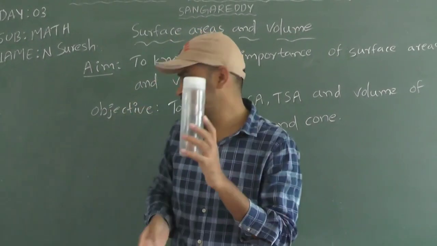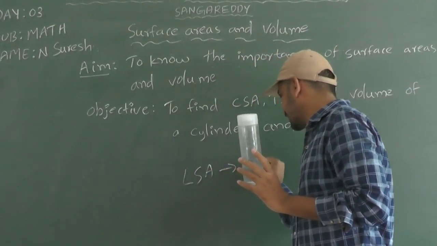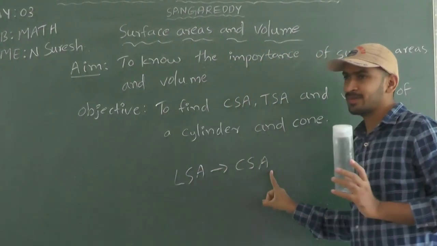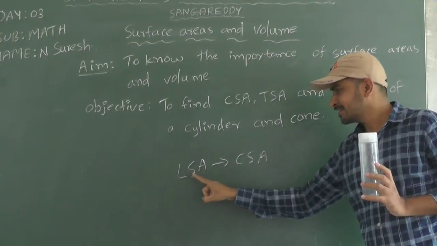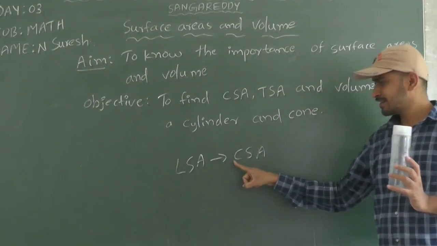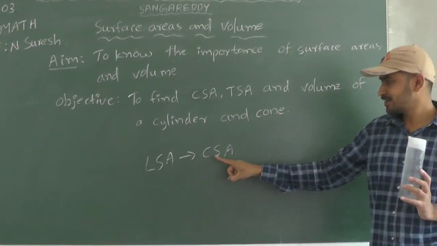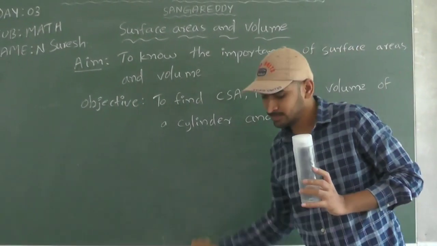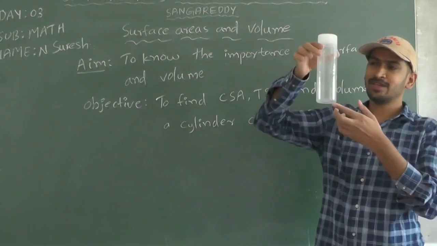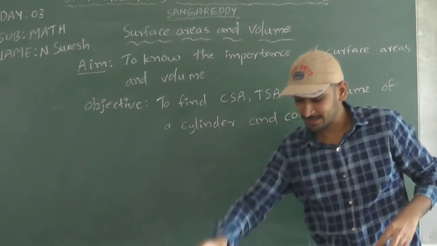Instead of the word LSA, lateral surface area, which you already know, we are using another word today: curved surface area, CSA. So coming to the cylinder, first we are going to derive the formula for the curved surface area of the cylinder.